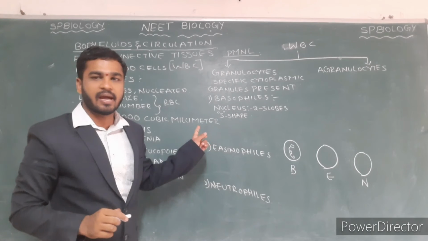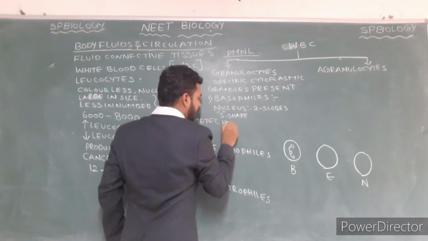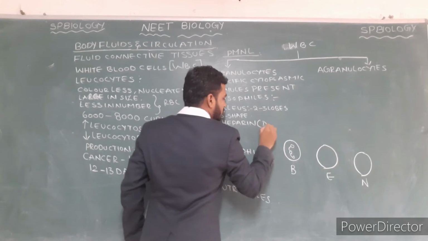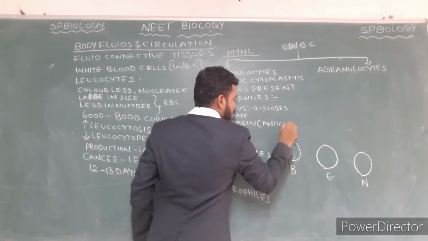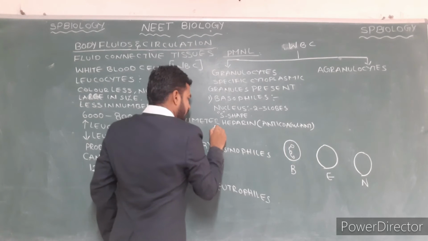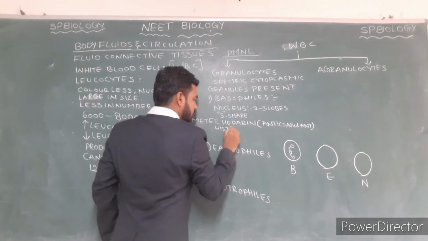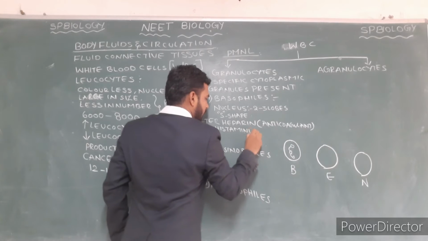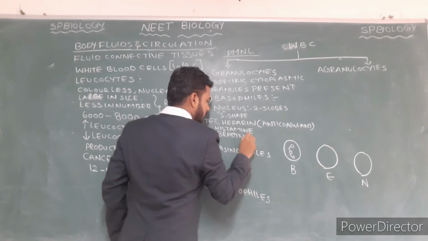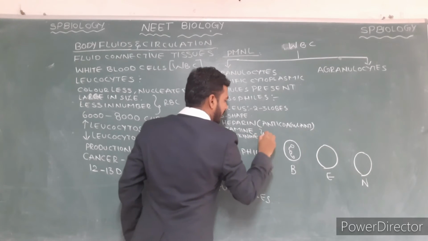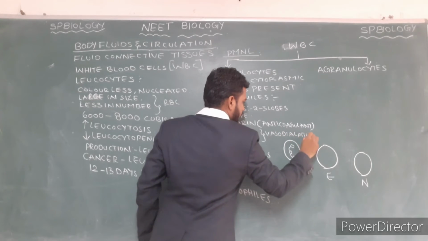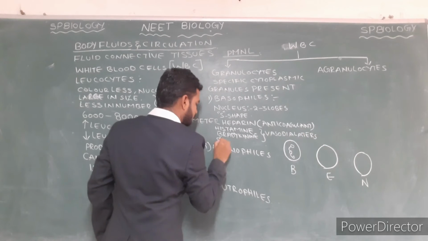Basophils are stained by basic dyes, and they produce anticoagulant like heparin, histamine, bradykinin, or vasodilators, and serotonin.